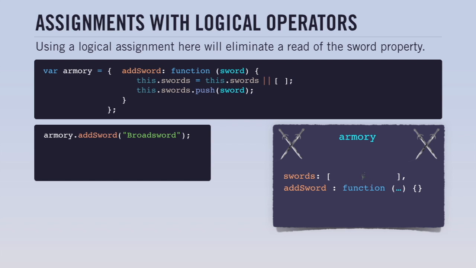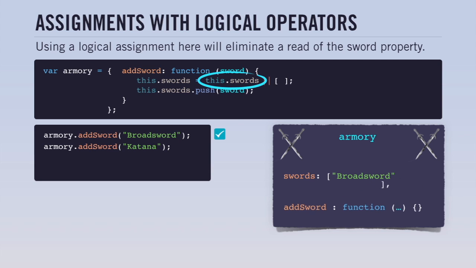Following that, we'll just push the broadsword to it, and you can see that broadsword gets added to the empty array. Next, to further populate our swords list, we'll try to add the katana to our swords array. Function gets called, katana gets passed in. In the logical assignment line, now this.swords exists. That means that the OR operator sees this.swords and says, oh, got something that's true. So I'm going to go ahead and assign that back to the this.swords property.